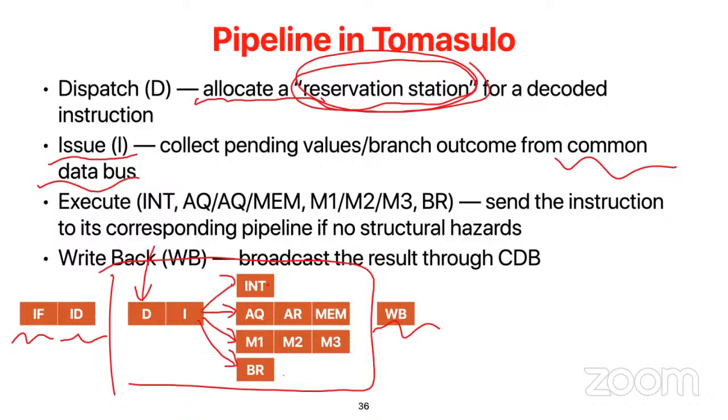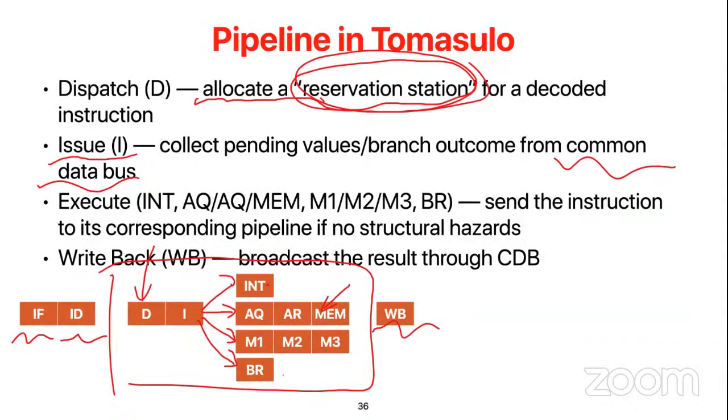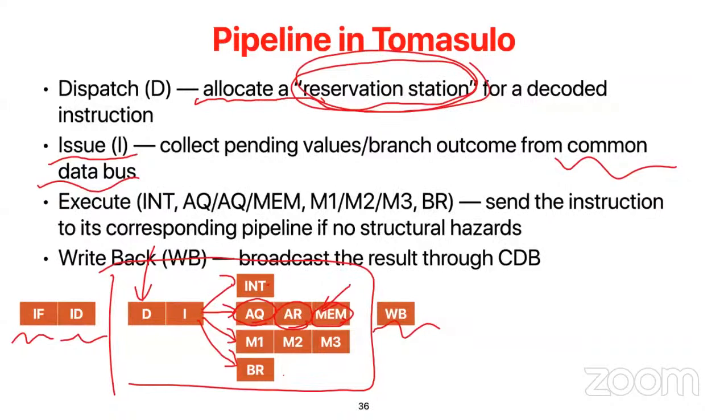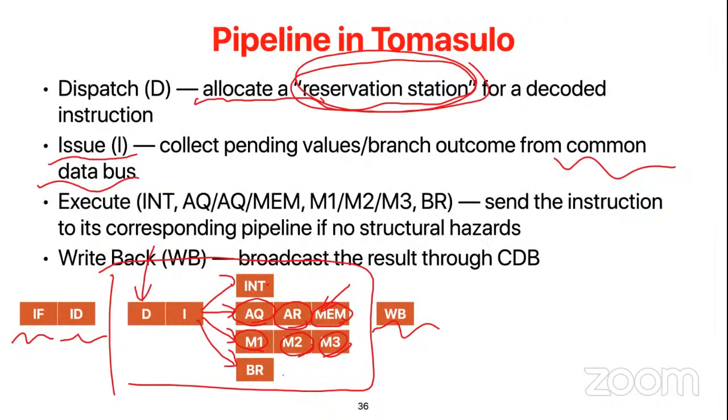For the memory instruction, we have three stages: the address queue, the address resolution, and the real memory access. And M1, M2, M3 are for multiplications. So this is what the Tomasulo pipeline looks like. And when your instruction finishes, we will broadcast the result through the CDB to activate an instruction.